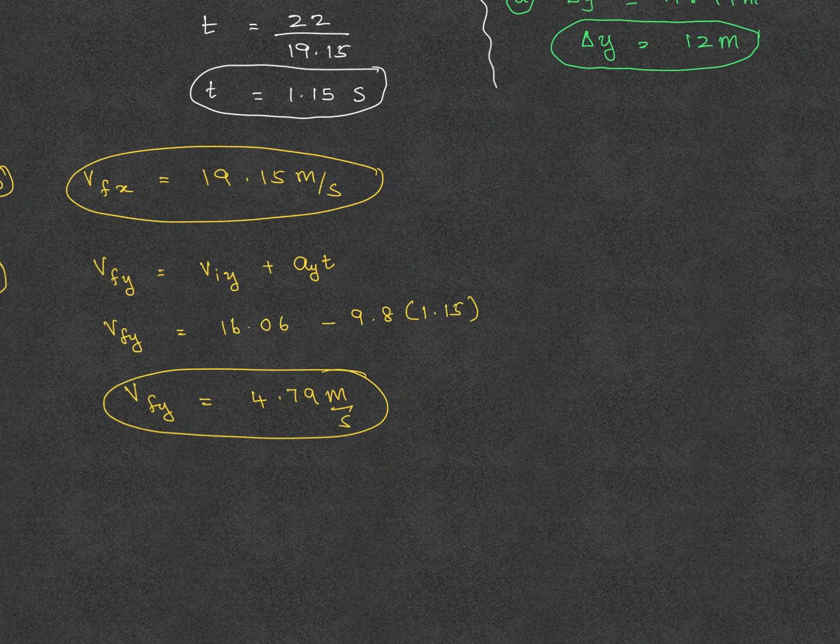Now if I draw the picture here onto the side, that's what you will have. Here is the point that the ball strikes the wall, and at that point the y component velocity is 4.79 meter per second. The x component velocity did not change at all, and it stays as 19.15 meter per second.